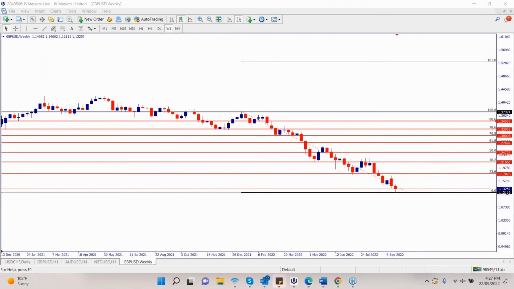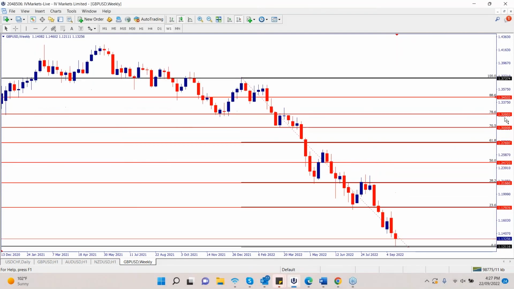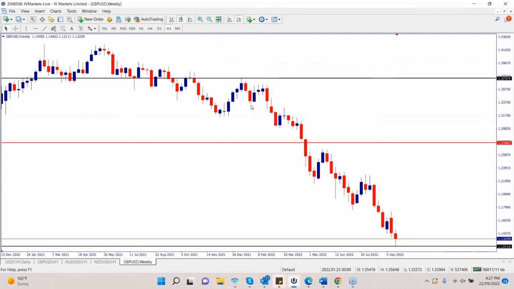So coming towards something deeper, this is the weekly time frame, and this is the whole bearish momentum in the market. Let me delete everything. So I'm deleting all levels. Okay, here I have deleted all levels, here and here.